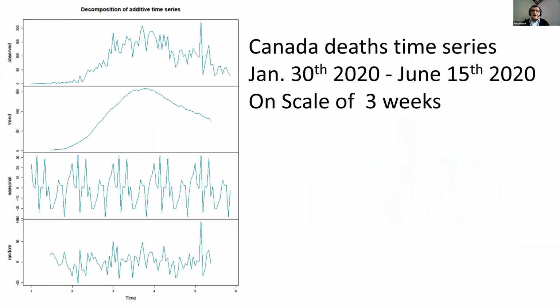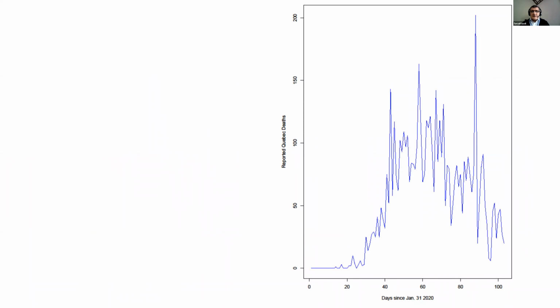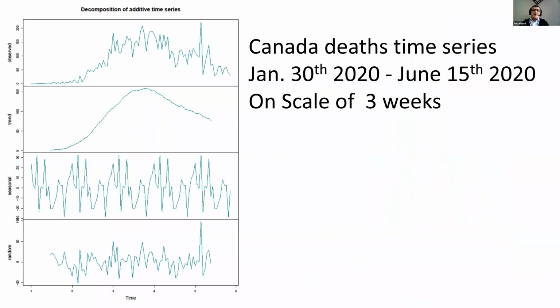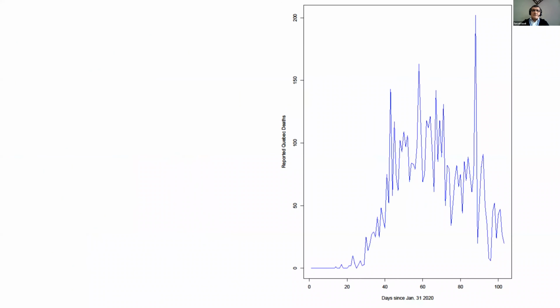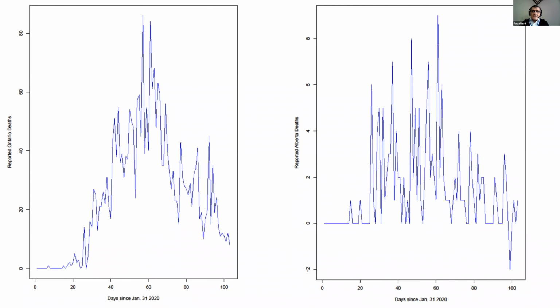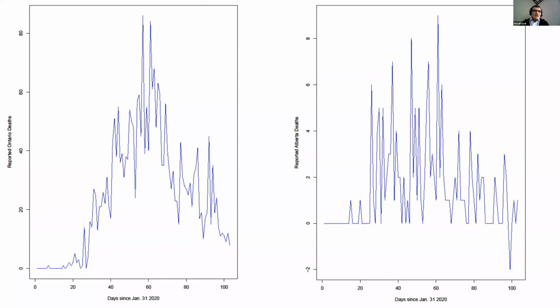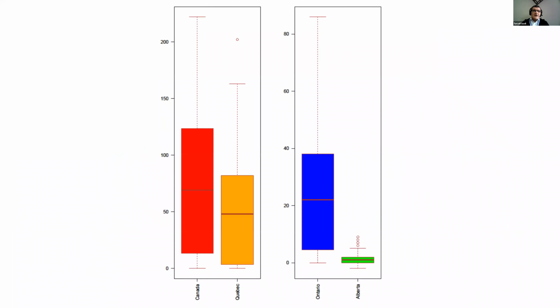I don't know what's happening here. Yeah, this one is Ontario, this one is Alberta, but it should be something I missed. Okay: Canada, Ontario, and British Columbia.